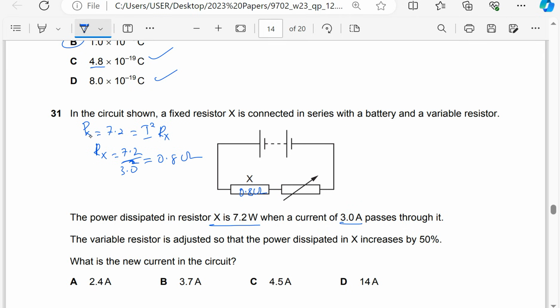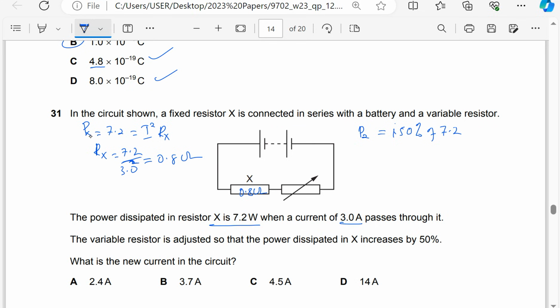Then the variable resistor is adjusted so that the power dissipated in X increases by 50%. Remember, the resistance is of course going to be constant. So the new power, we're calling it power 2, is going to be 50% more, which is 100 plus 50, which is 150% of 7.2.